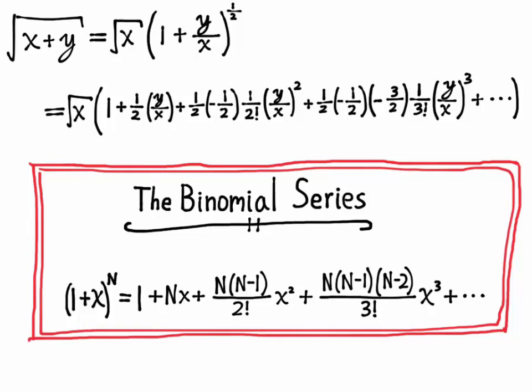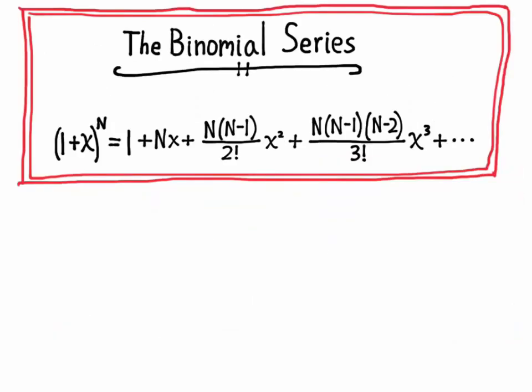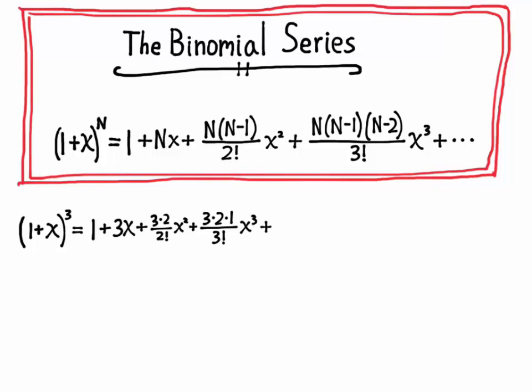Memorize the binomial series. First, make sure that you understand it by applying it to the simple cases you've already explored, like (1 plus x) to the third power. Using this formula, you get 1 plus 3x plus 3 times 2 over 2 factorial x squared plus 3 times 2 times 1 over 3 factorial x cubed plus 3 times 2 times 1 times 0 over 4 factorial x to the fourth plus 3 times 2 times 1 times 0 times negative 1 over 5 factorial x to the fifth.